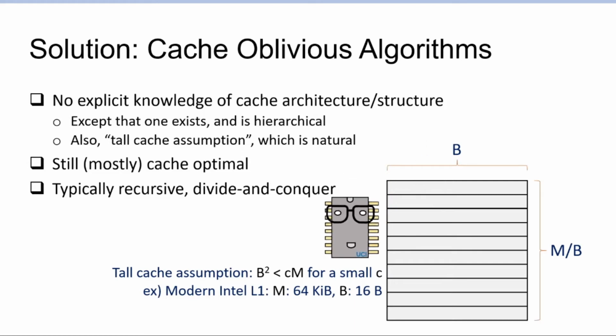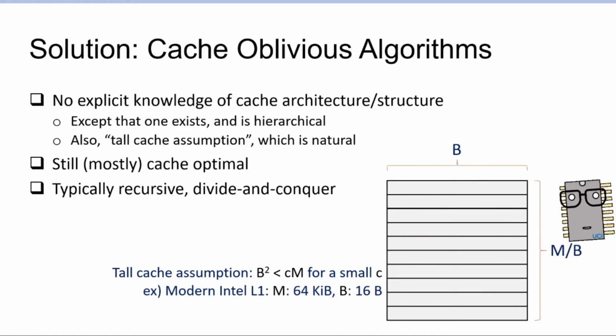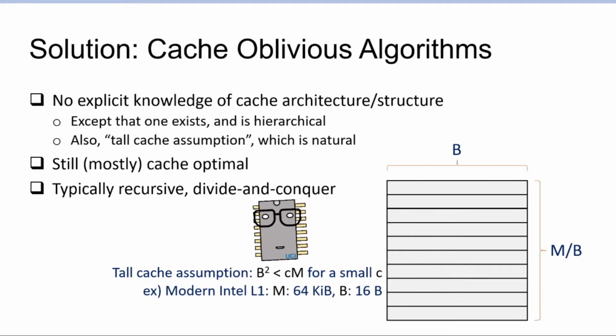The tall cache assumption is: if you have a cache of size M bytes, and each cache line is B, meaning we have M divided by B cache lines, then B squared, the size of the cache line squared, is still smaller than the total size of the cache M, multiplied by a small constant c, which is smaller than something like 1, for example.